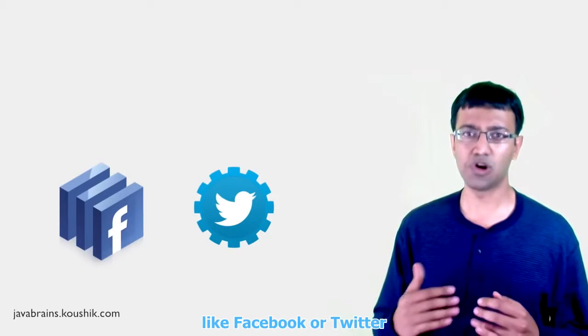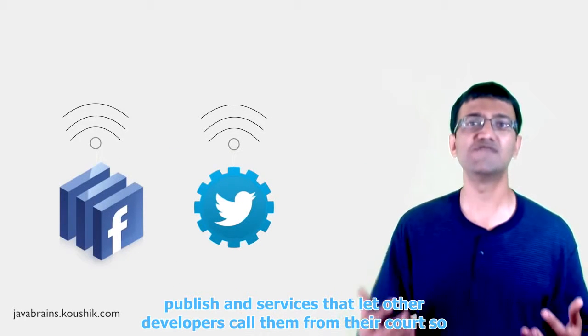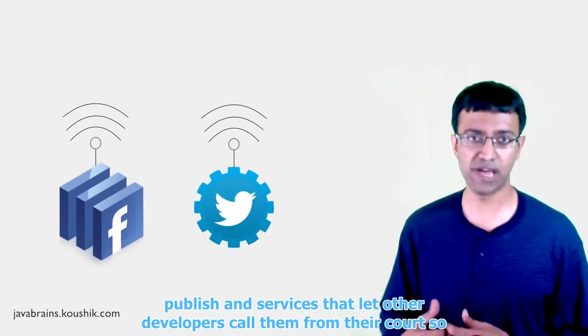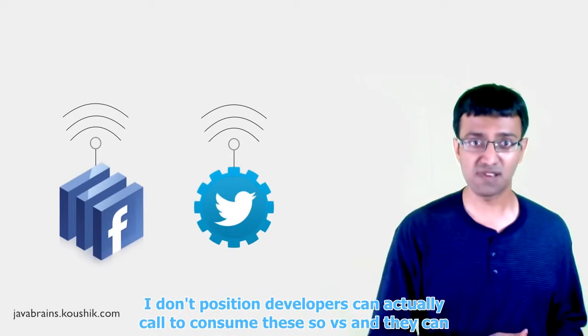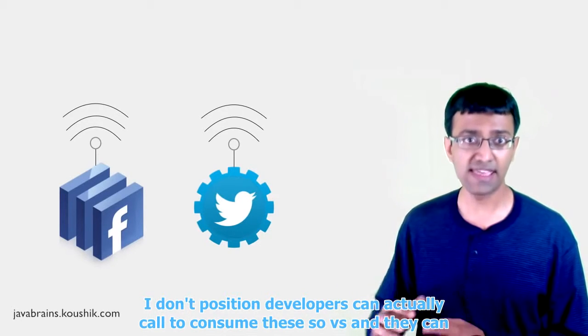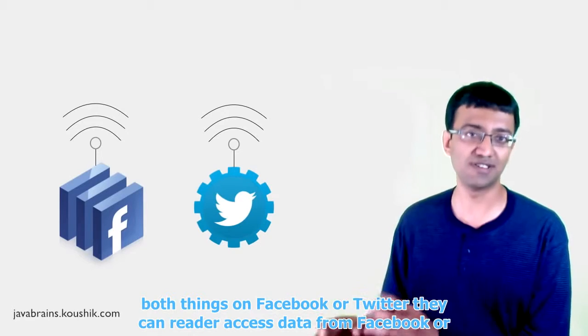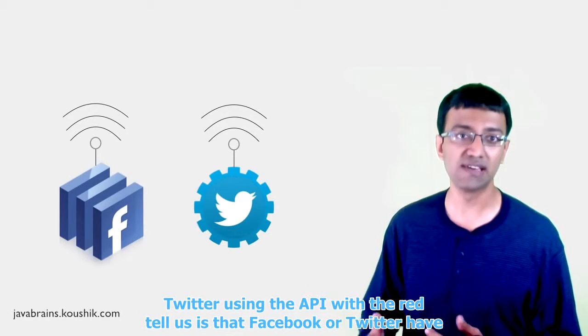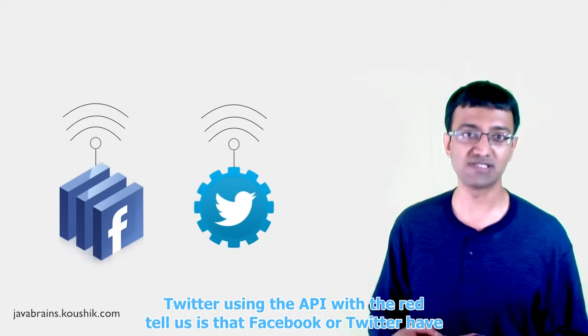Companies like Facebook or Twitter publish web services that let other developers call them from their code. So other application developers can actually write code to consume these services, and they can post things on Facebook or Twitter. They can read or access data from Facebook or Twitter using the APIs or the web services that Facebook or Twitter have provided.